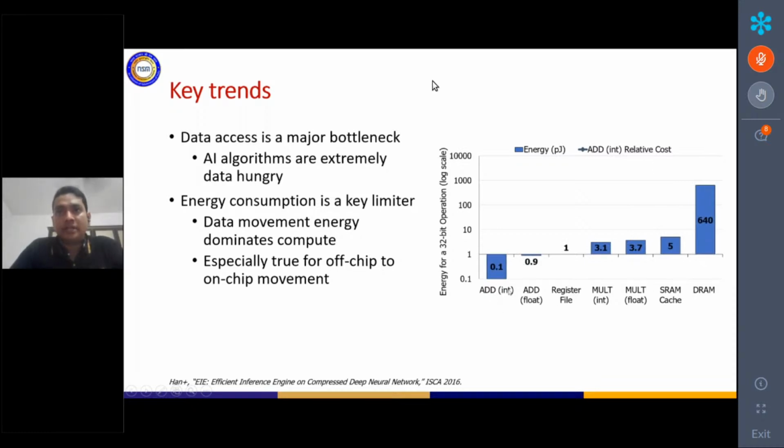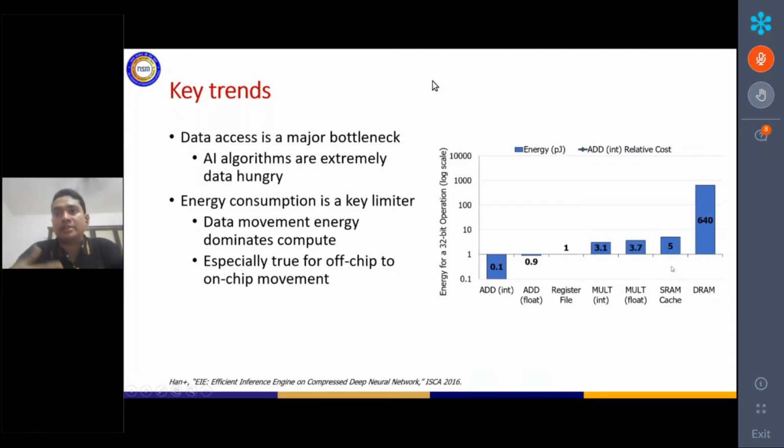So basically, in the x-axis you will see the different operations. Of course, AI benchmarks or DNN benchmarks are widely dominated by addition, multiplication, and multiply accumulate. So addition and multiplication operations energy consumption you can see here, and DRAM access and SRAM access.